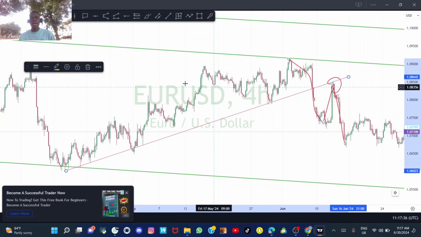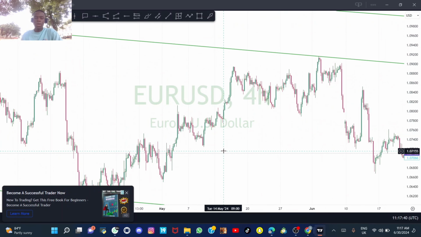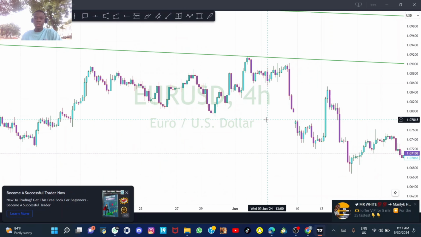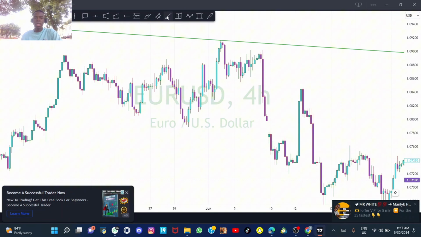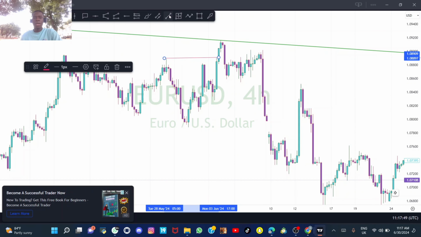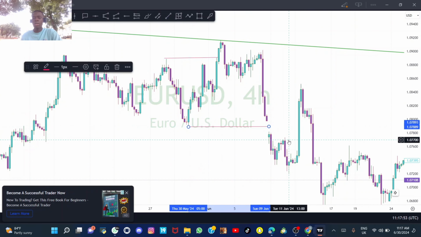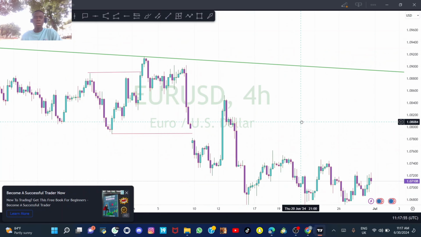And finally, it happened here. We had this nice change of character. I based my entry criteria first on seeing a change of character. From there, we had a nice retracement.